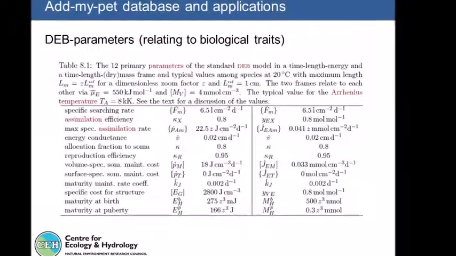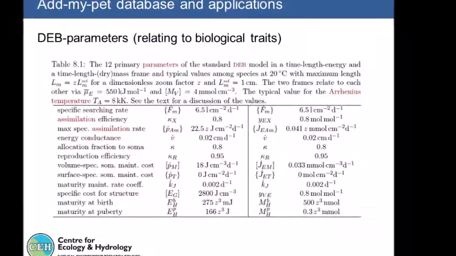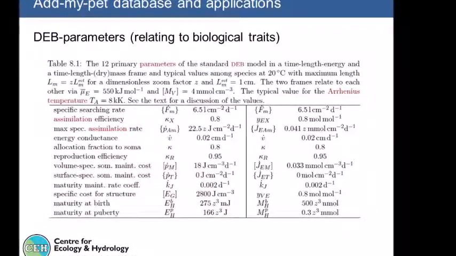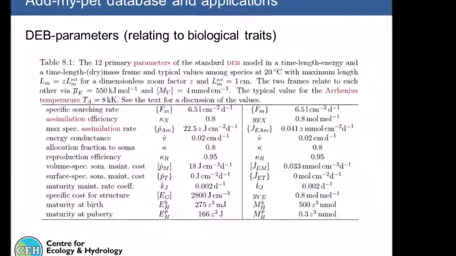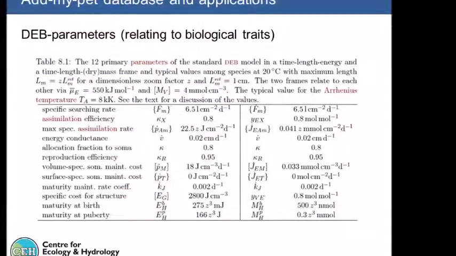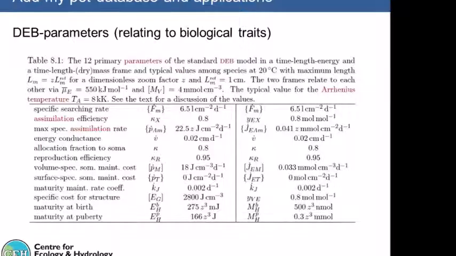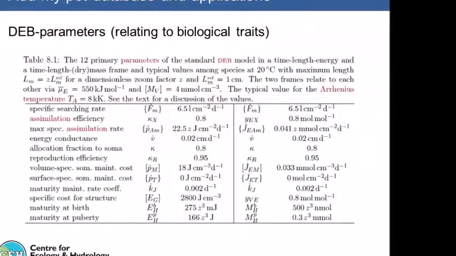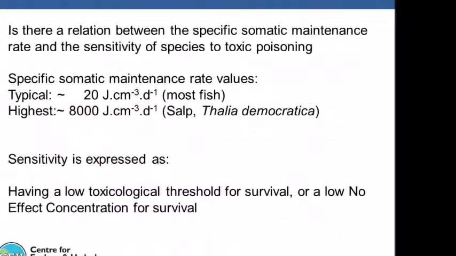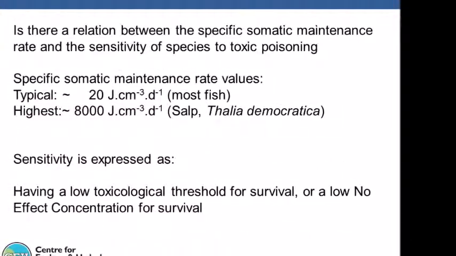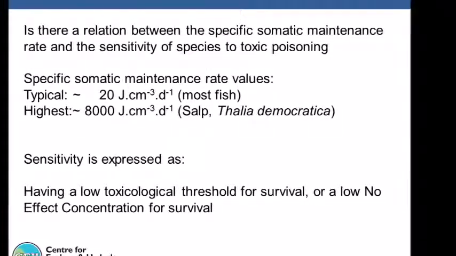It's mammals, birds, reptiles. So for any major class of species, it's in there. These life cycle data that I refer to, time to hatching, weight at birth, weight at puberty, so just standard life cycle data, are converted to DEB parameters, and one of these is the specific somatic maintenance rate. Typically for fish it's in the order of 20, but the highest value that we found in this database is about 8,000.